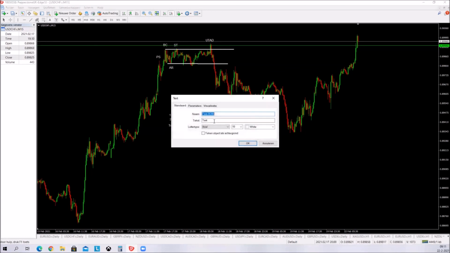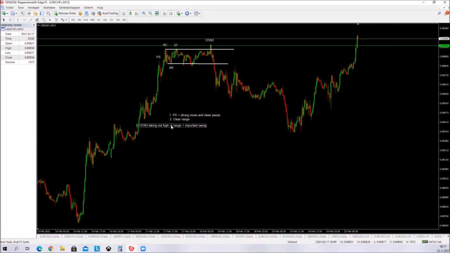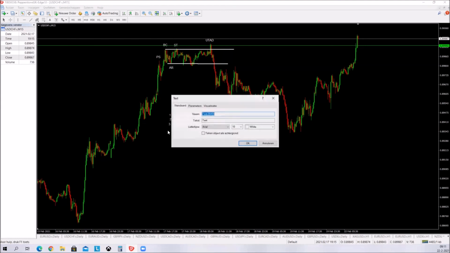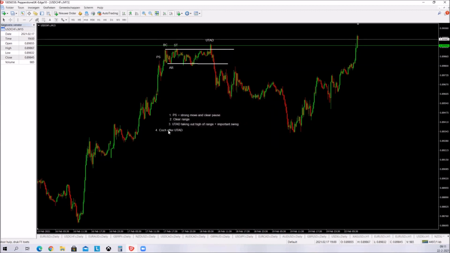Third thing is UTAD taking out high of range plus important swing point. And number 4 is the change of character after the UTAD. So this to me was why this was a distribution range.